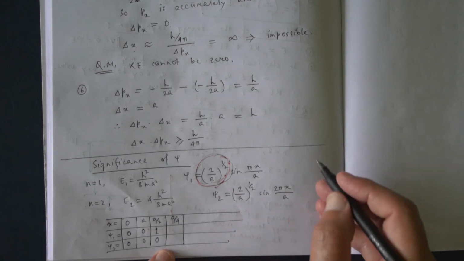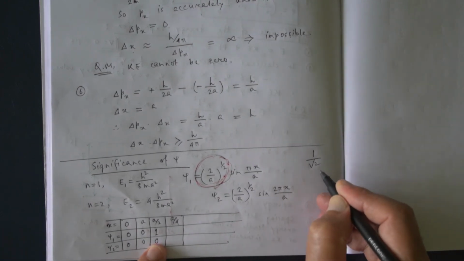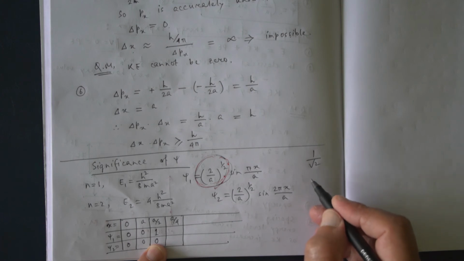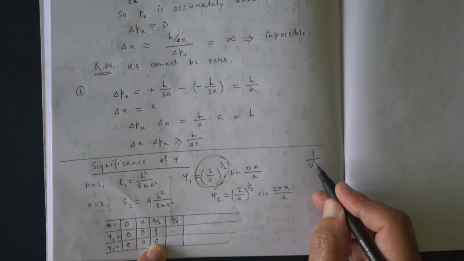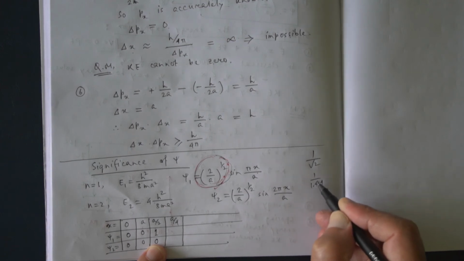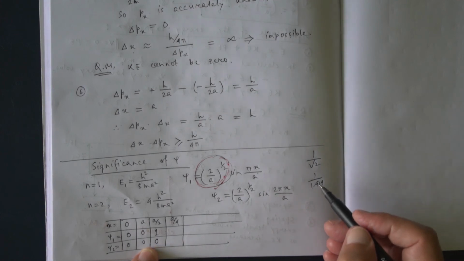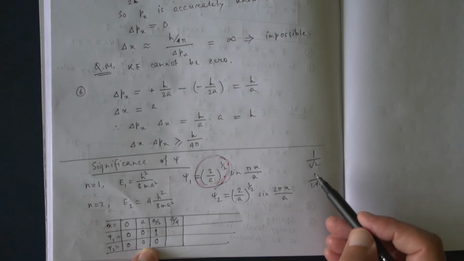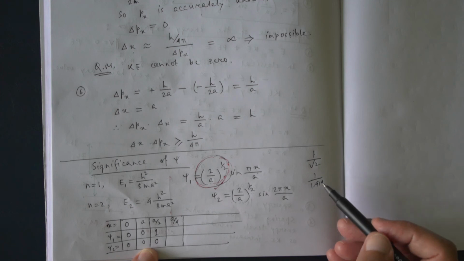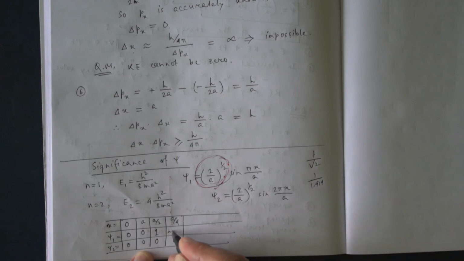Now root 2 equals 1.414, so 1 by 1.414 is approximately 0.7.